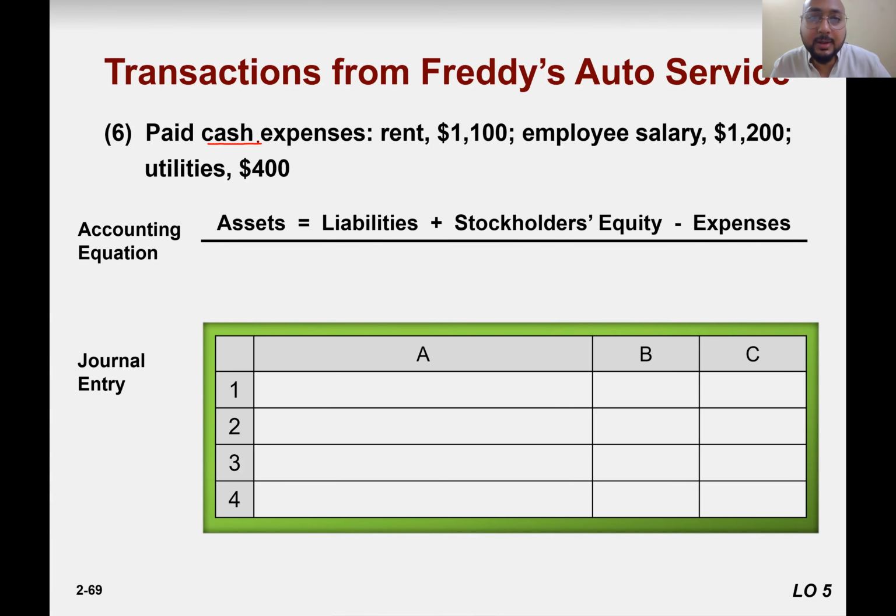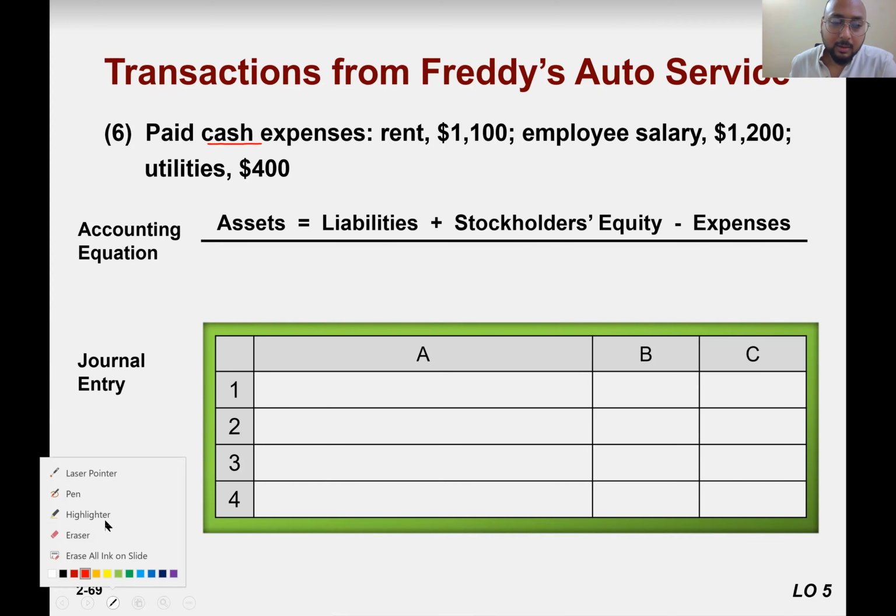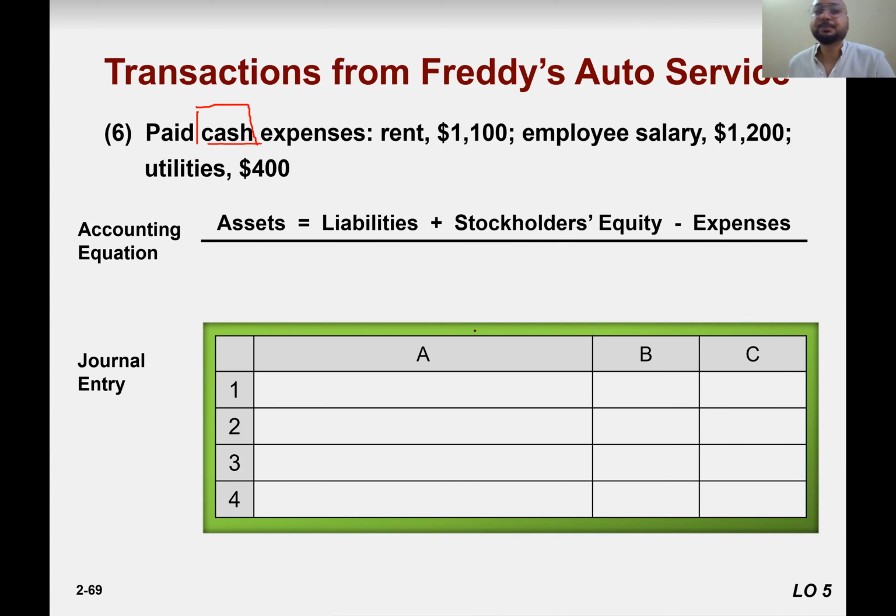Now you tell me which accounts are going to hit. At least two, but can be more than two. So which accounts? Number one, of course, the cash account is going to hit. Number two, expenses.